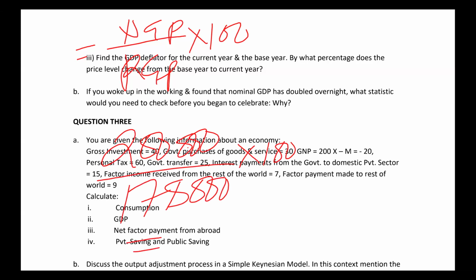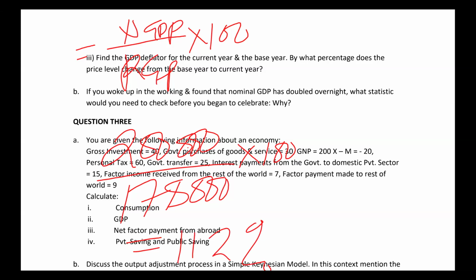So you can do your multiplications and divide. What do you find as a GDP deflator? 112%. This is very important.